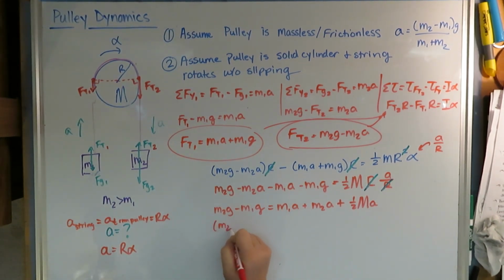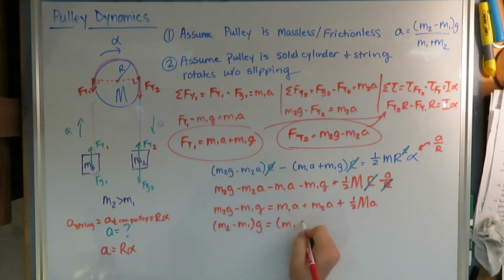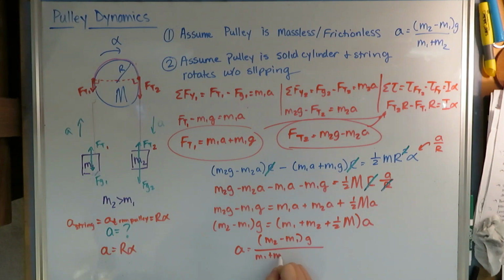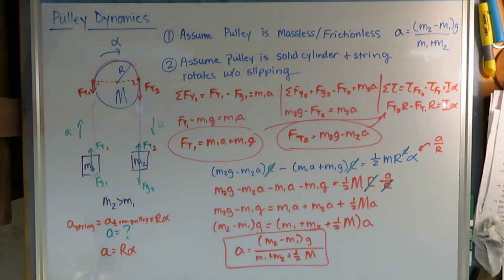So I get M2 minus M1 times G is equal to M1 plus M2 plus 1/2 big M times A. So solving for A, I get M2 minus M1 times G over M1 plus M2 plus 1/2 of big M. And then that would be the answer for the linear acceleration.